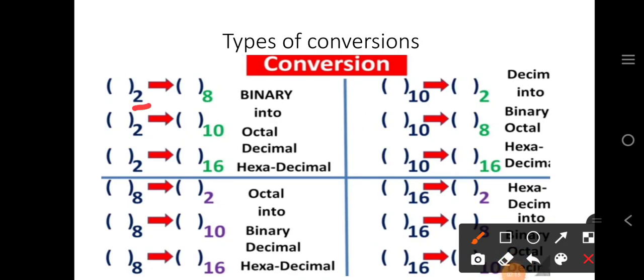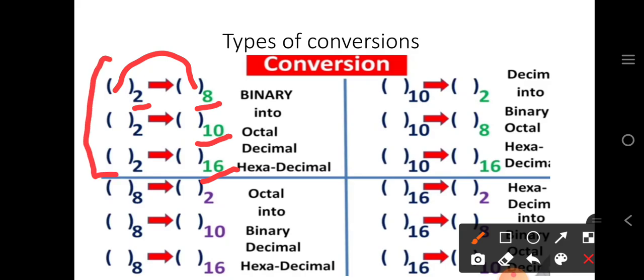Here the base is 2 and here the base is 8, meaning it is the conversion from binary to octal. Then the second conversion is from binary to decimal, so we have written the base as 10. Third one is from binary to hexadecimal, that is base 16. So the first block is only the conversion of binary to other numbering systems.